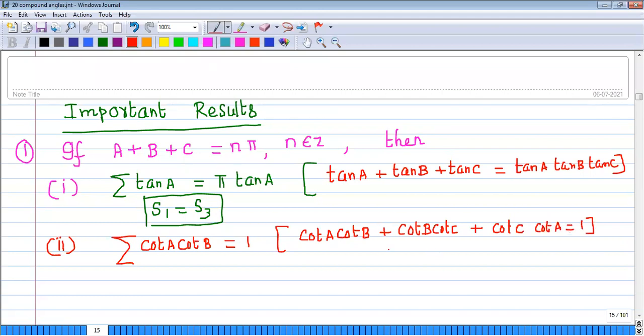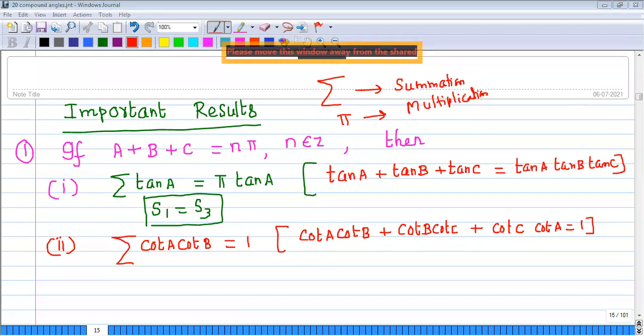This is the meaning. Shortly we can write it in sigma notation. Sigma means summation. Pi means repeated multiplication, and also cyclic multiplication.